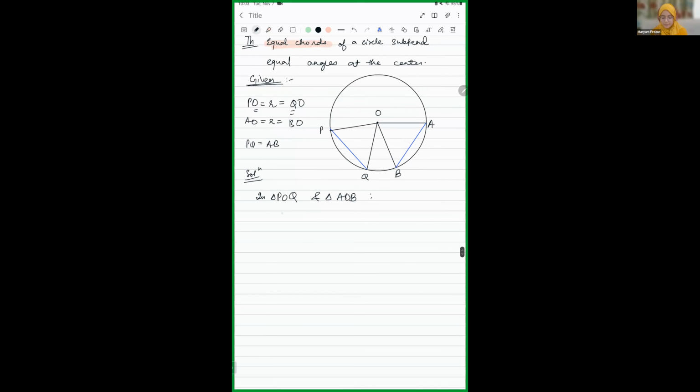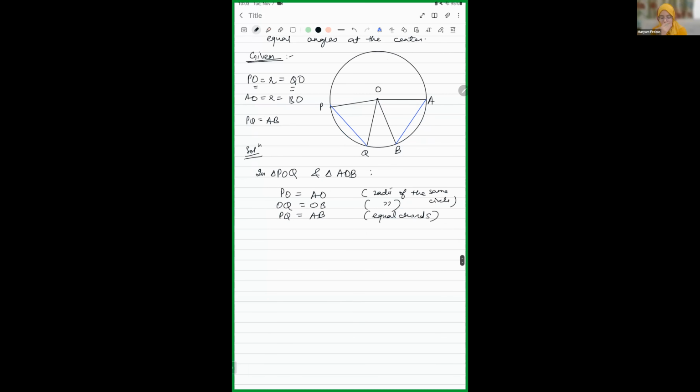What all do we have? PO is equal to AO, radii of the same circle. OQ is equal to OB, again same reason. And then PQ is equal to AB. Why? It's given. They are equal chords.